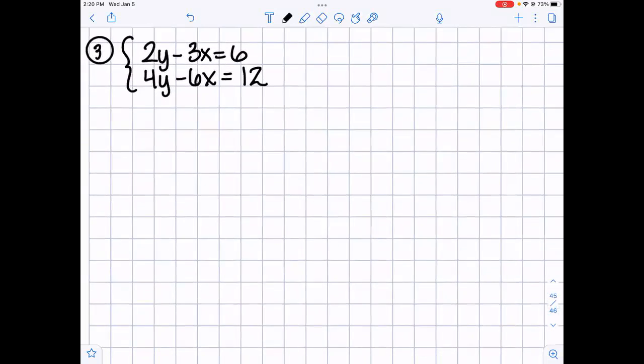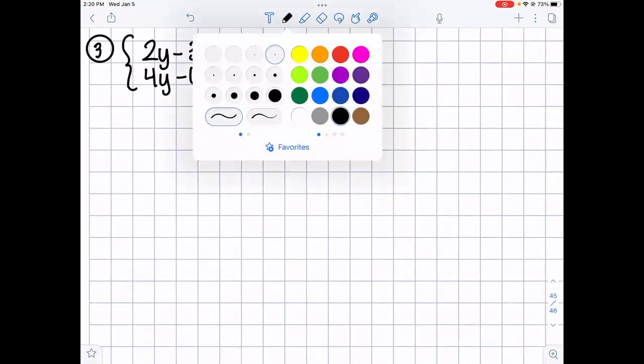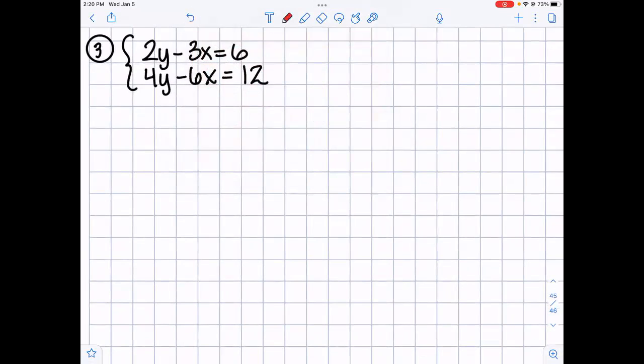We need to rewrite these, right? Because as they are, they're not going to help us. They are in standard form. We have to rearrange them so that they are in slope-intercept form. So 2y minus 3x equals 6. We want y to be by itself. What do we need to do first?